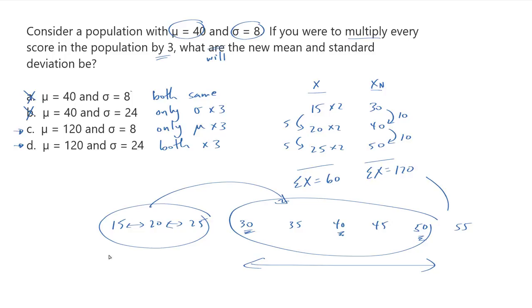This used to be a small amount of variation. Now it's a very large amount of variation. So I am definitely going to see that my standard deviation, which measures variation, is also affected. Both of these measures are affected when you change every score. When you multiply every score in the population by 3, you're not just moving them all ahead, you're also spreading them out.